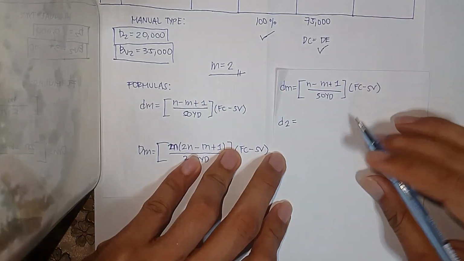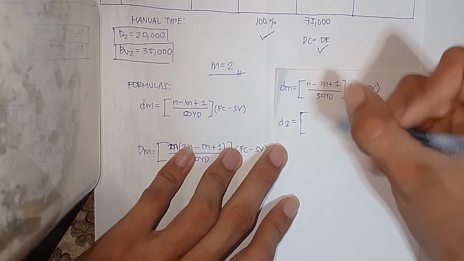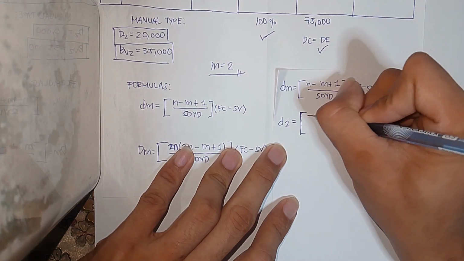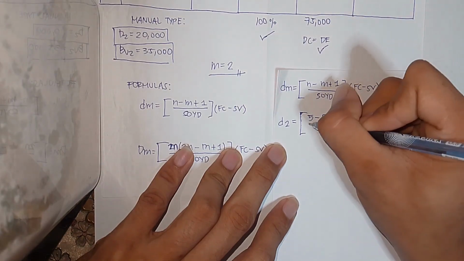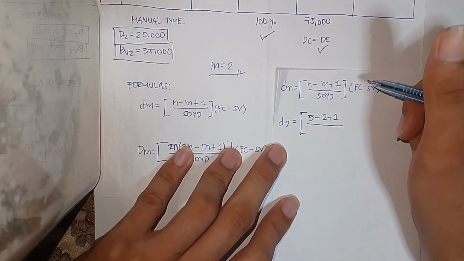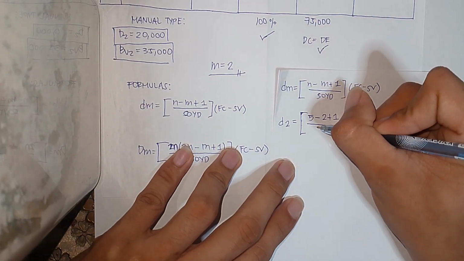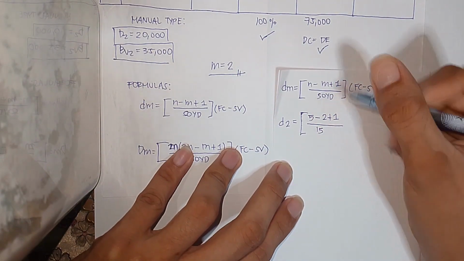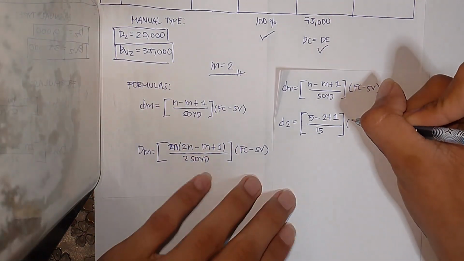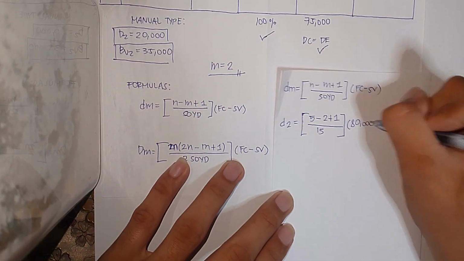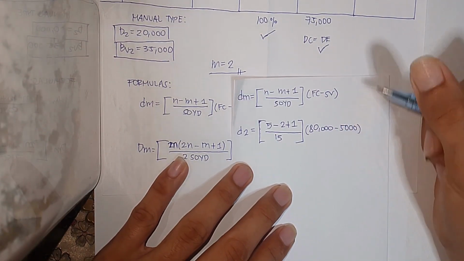D2 is equal to, since our n is equal to 5, minus 2 plus 1, over our SOYD computation earlier, which is 15, times first cost 80,000 minus salvage value, which is 5,000.